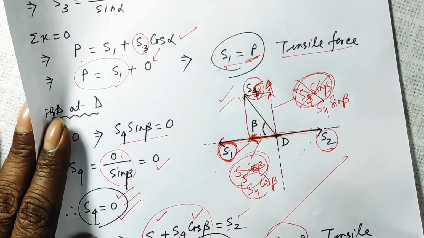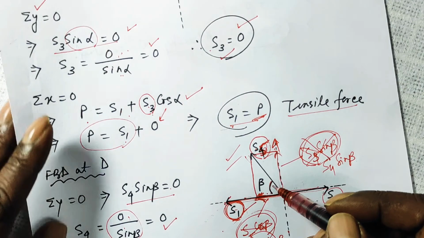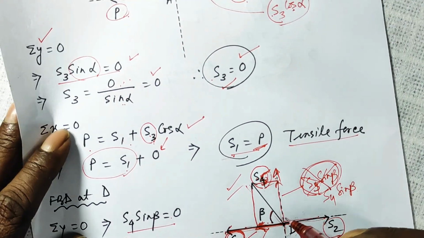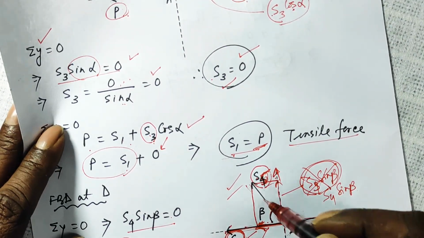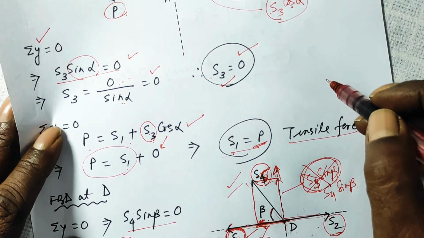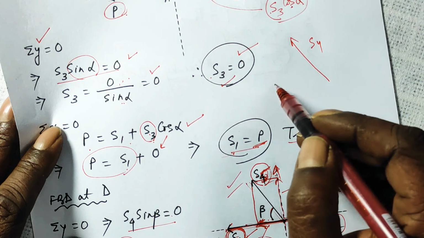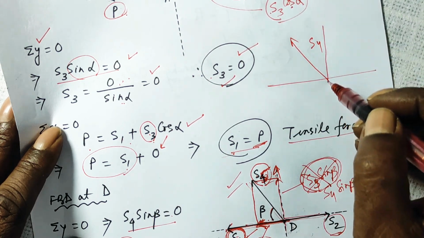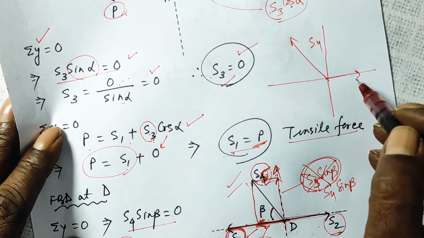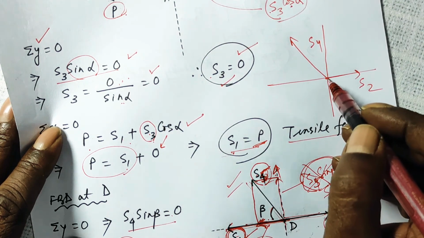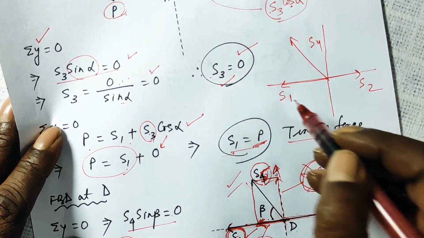I am sorry. Let me draw the diagram here again and explain it to you. This was at point D, so this was your S4. And this was your S2. And this was your S1.